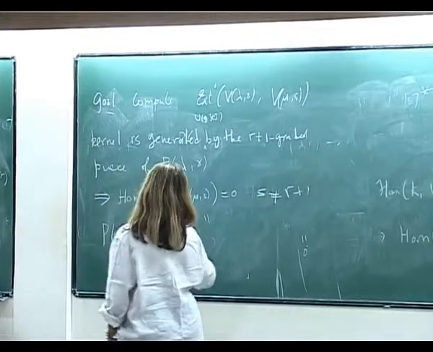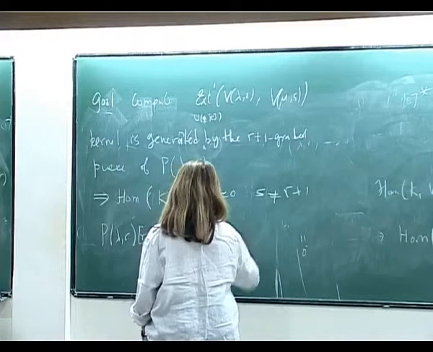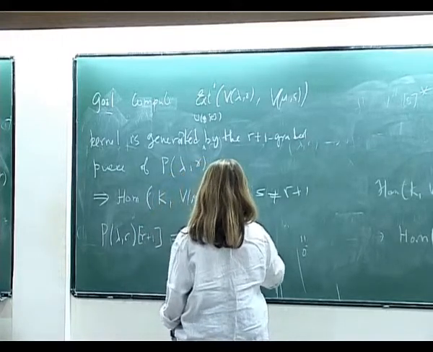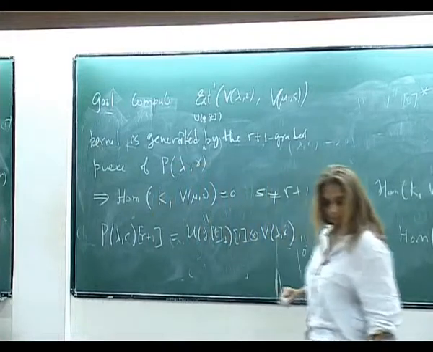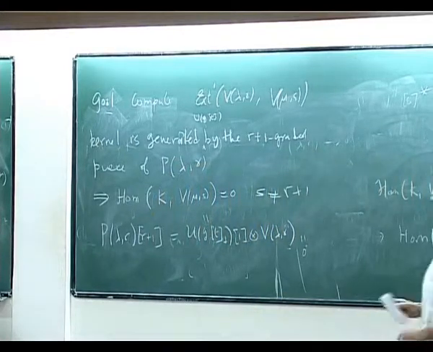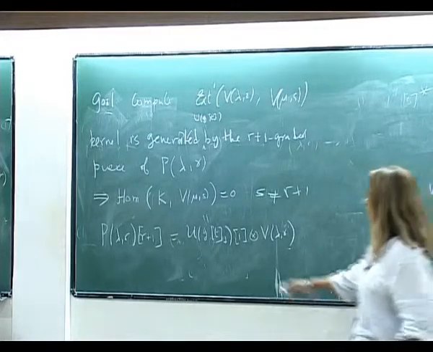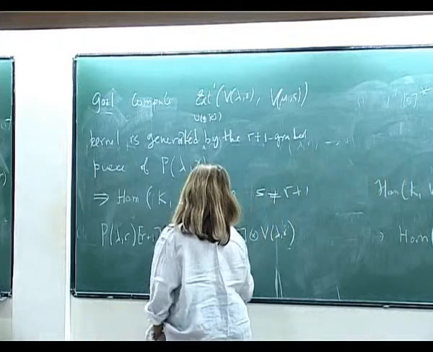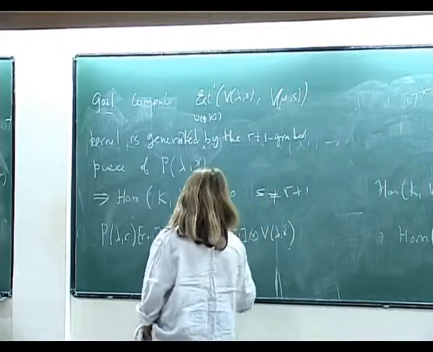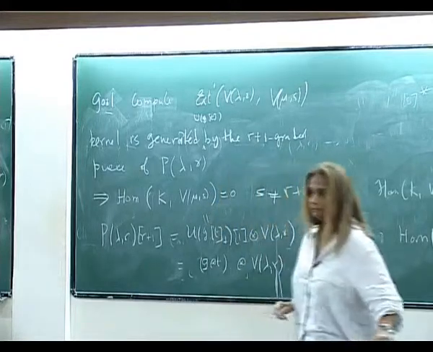That's equal to U of GT plus in grade 1 tensor V lambda R. Okay. What is U of GT plus 1? It's just G, if you like, G tensor T, tensor V lambda R. Right?